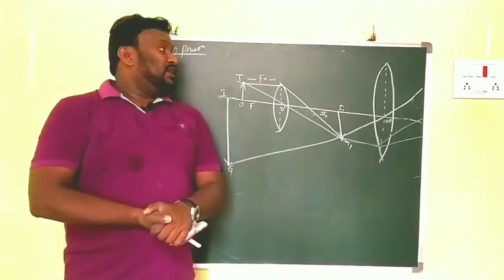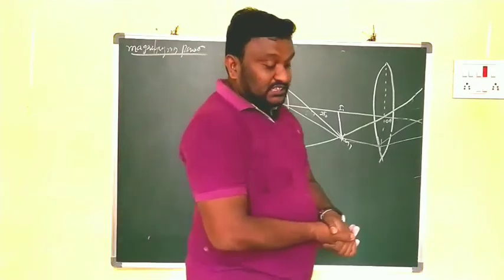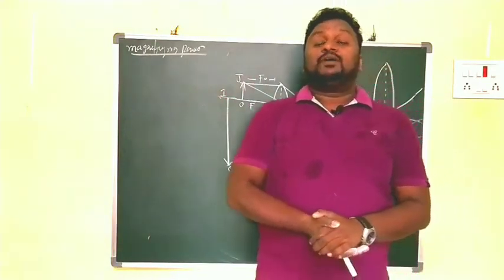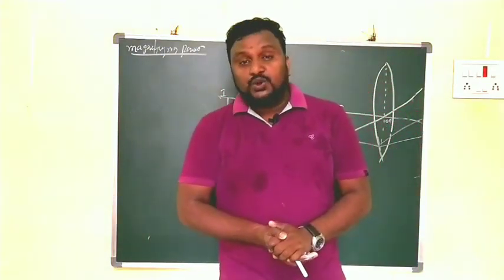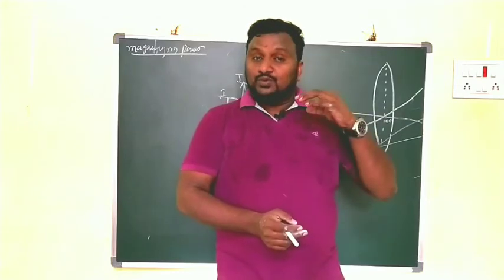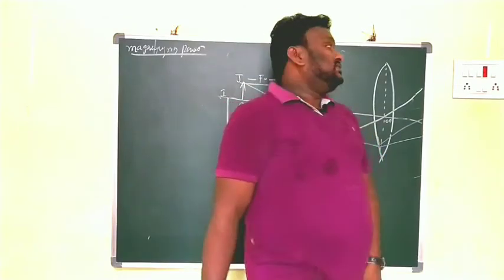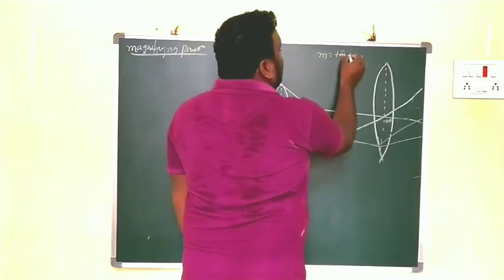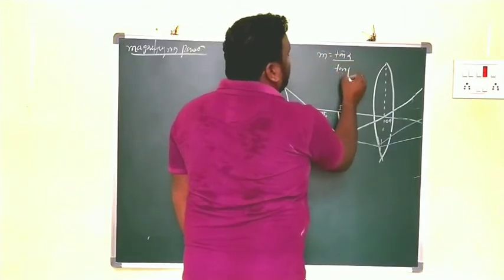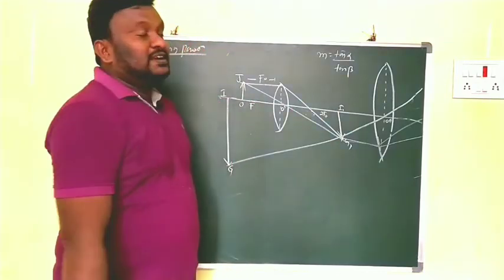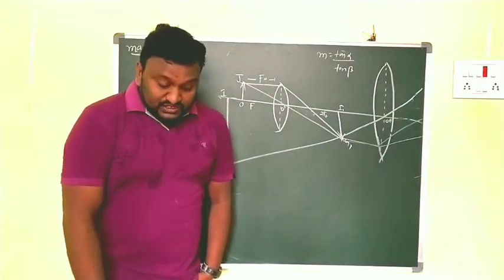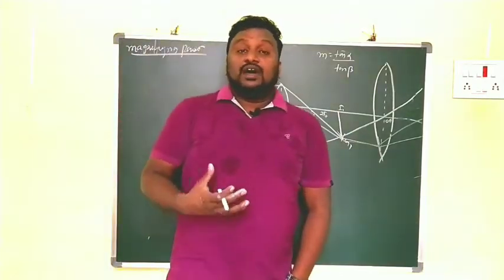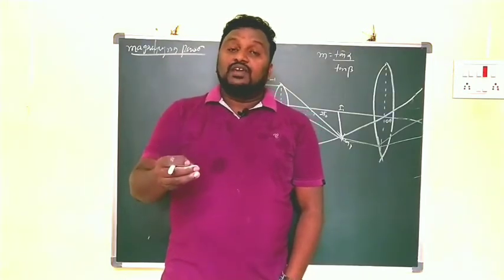So now we want to derive the expression for magnifying power. I already told you, in the working of a simple microscope, the magnifying power equation is M equals tan alpha by tan beta. So what is alpha here?